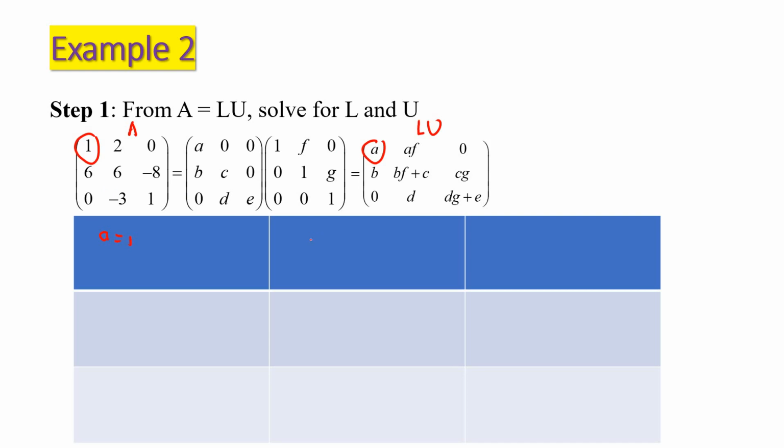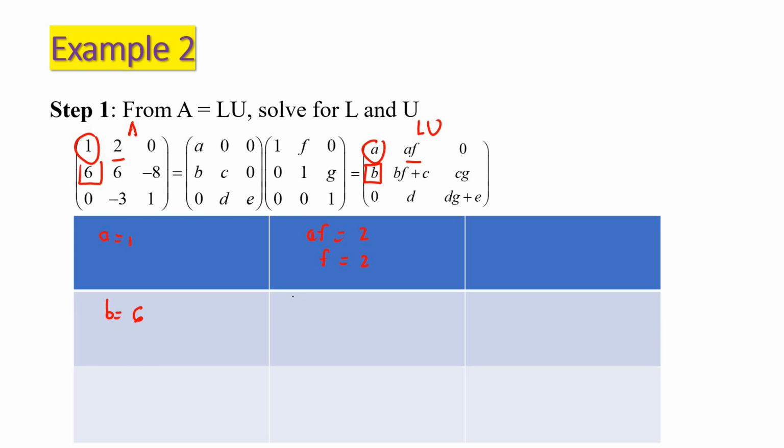On first row, second column, AF equals 2. A is 1, so F will be 2 divided by 1, which is 2. We go to B: second row, first column, B equals 6.